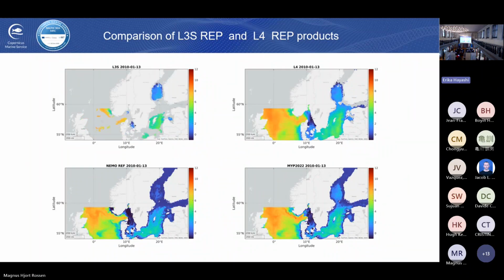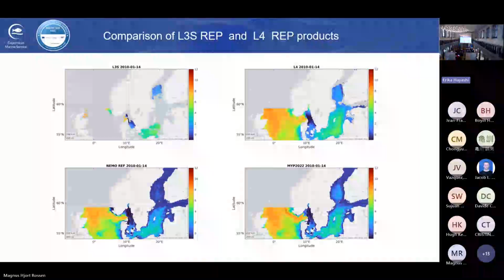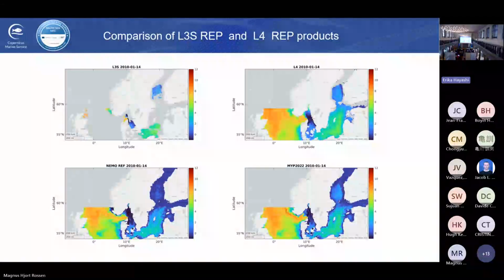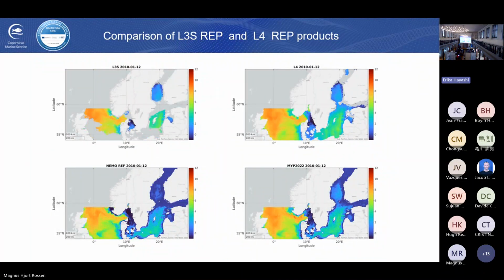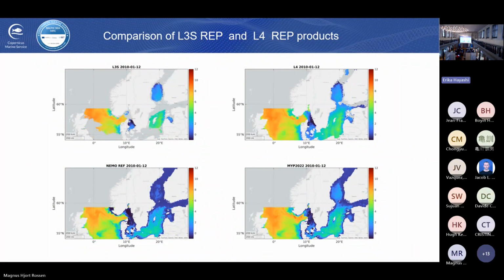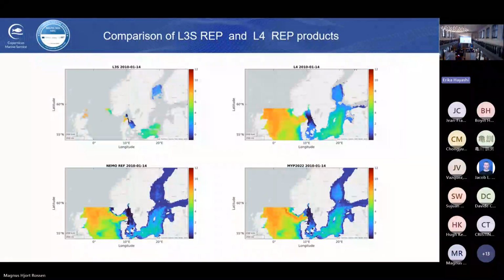For example, fronts of the SST, which you can see here in winter in the Kattegat. There is a sharp front of the SST, and on the top left, you can see that the level 3S product observes this area quite poorly because of the cloud cover and also the presence of ice.